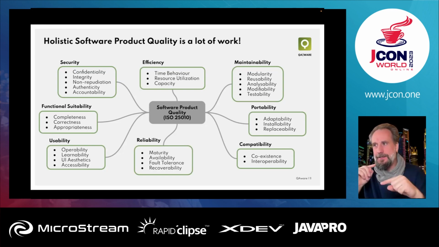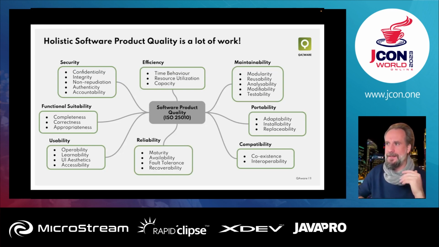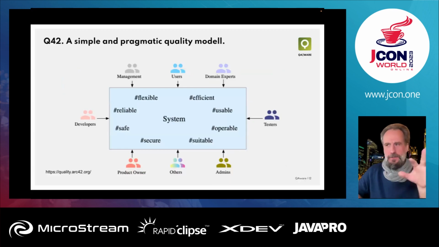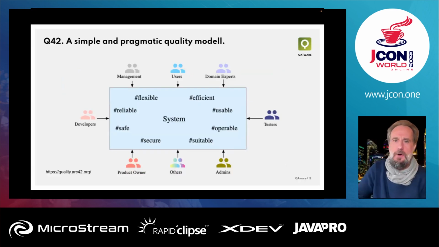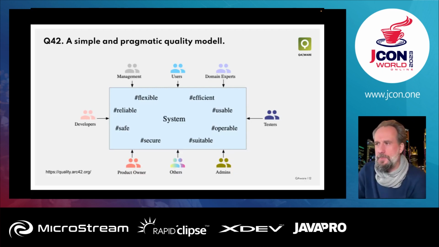Now, having said that, the unfortunate bit is that the product owner is not the only stakeholder. And I want to introduce another thing. This is kind of the sister of arc42. There is now a new quality model that has been released quite recently, which is called Q42. If you talk to your stakeholders about reliability, or maintainability, or maybe usability, the reality is that everyone understands a bit of a different thing.